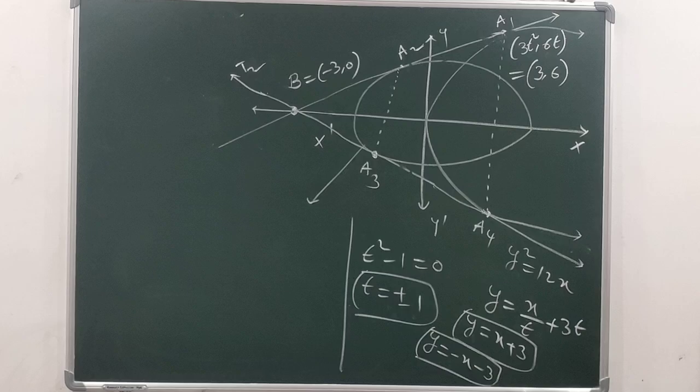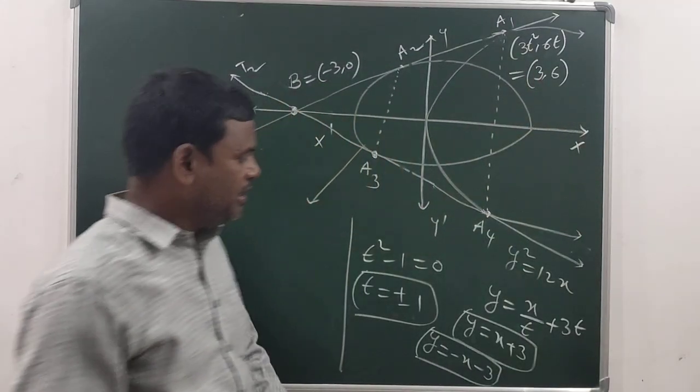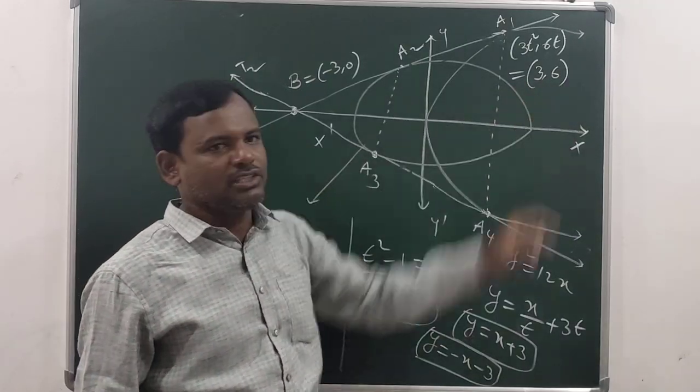So t equal to 1 I wrote here, I got 3 comma 6.